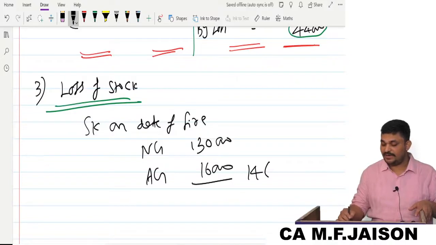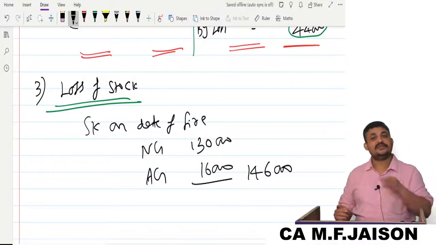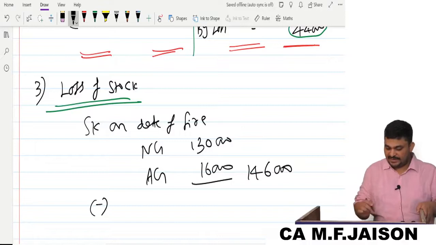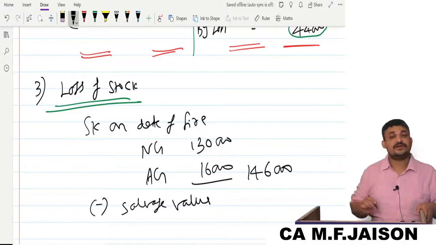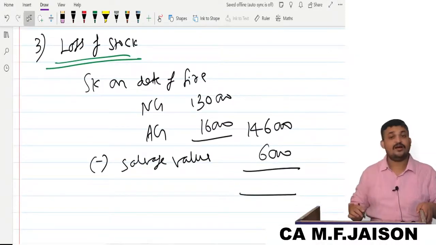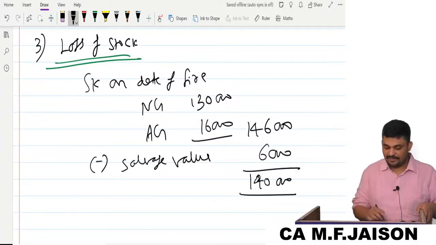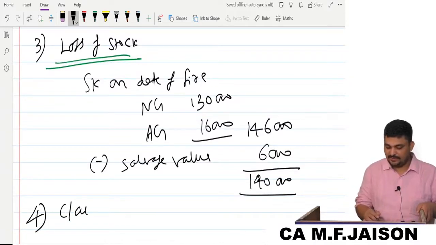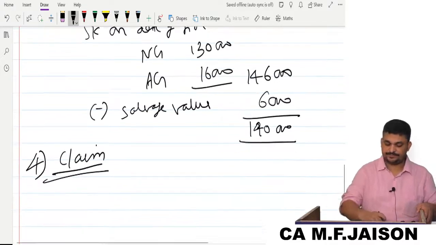Total how much? 1,46,000 is the total goods, minus salvage value. What is the salvage value? 6,000. So thereby we find loss of stock is 1,40,000.